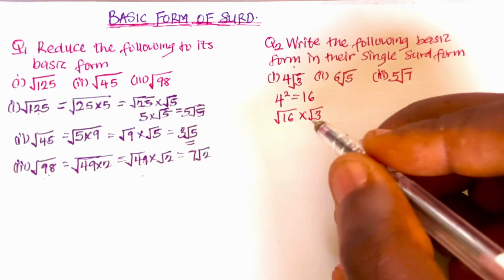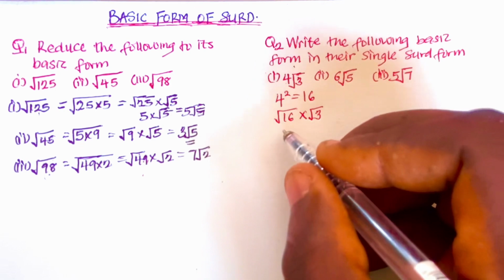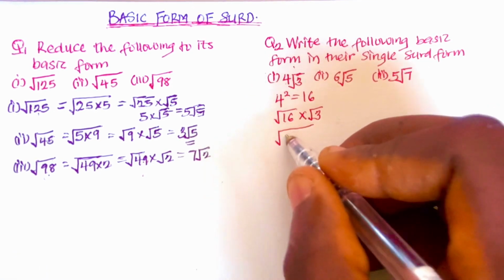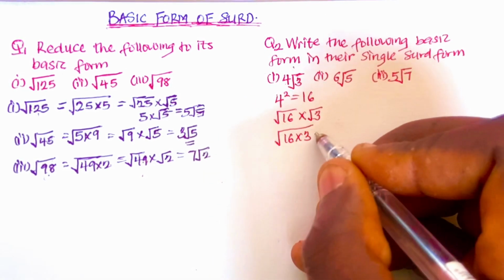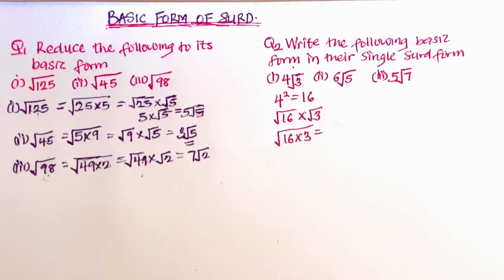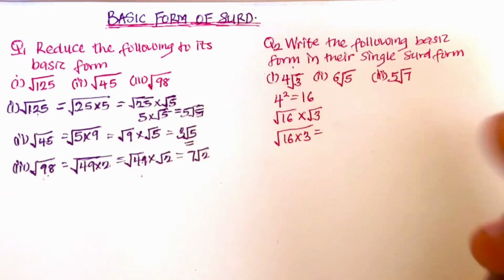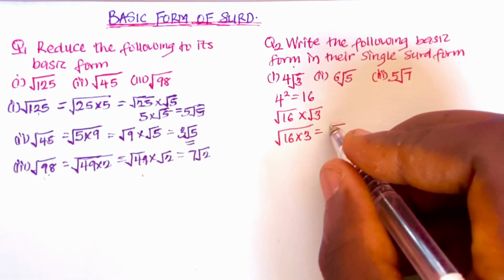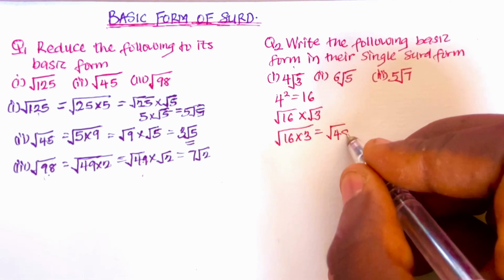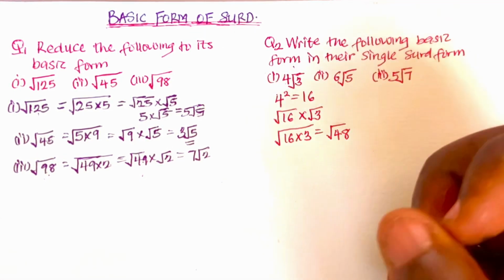After that, this is simply root of 16 multiplied by 3, which gives us 48. So in this case we have root of 48 exactly. That's the answer to the first one.